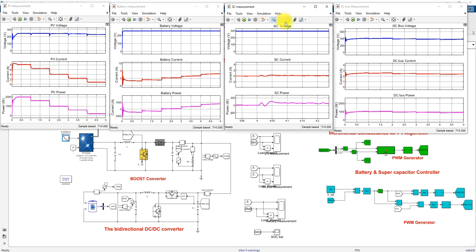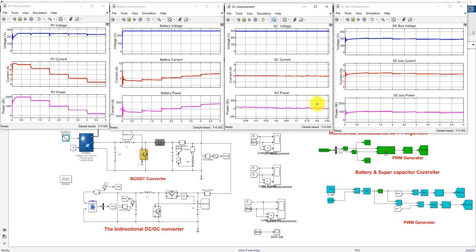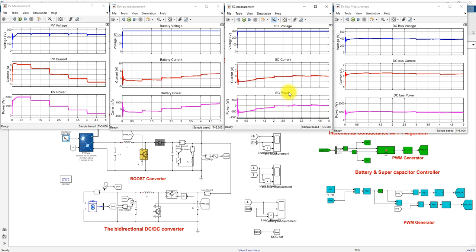Then after some time it comes to 0. That means the supercapacitor works when the PV power goes less than the load power. During that time the battery will supply the remaining power, and the supercapacitor will supply during the change in irradiation condition, that means the reduction in irradiation from 500 to 300, 300 to 100.